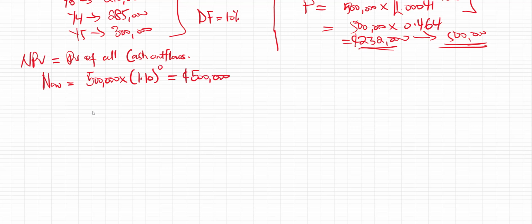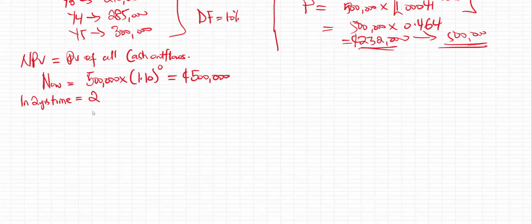When are we making the next investment? In 2 years. That 200,000 we are paying in 2 years' time, we bring to today's terms because we are standing at today.